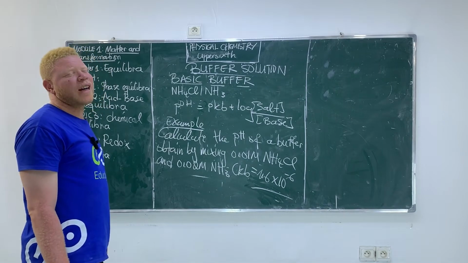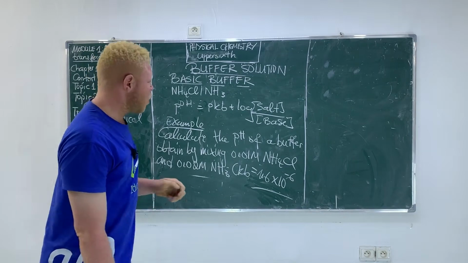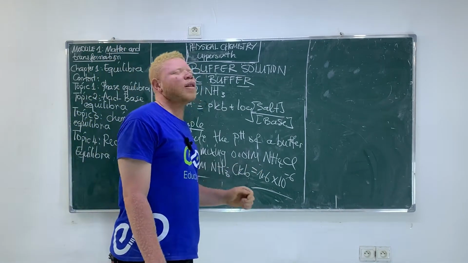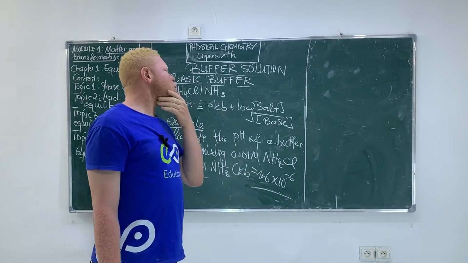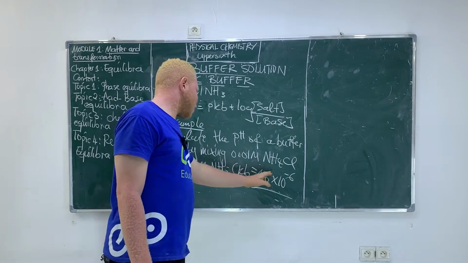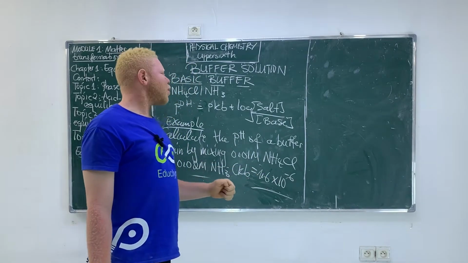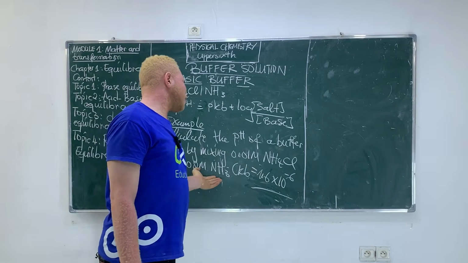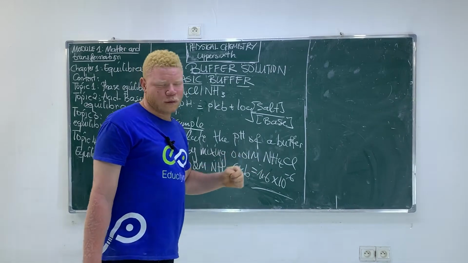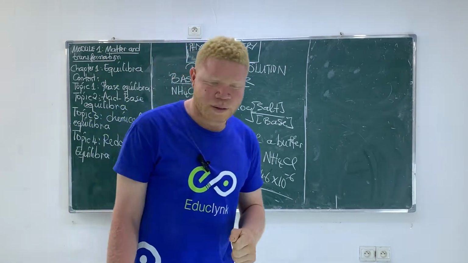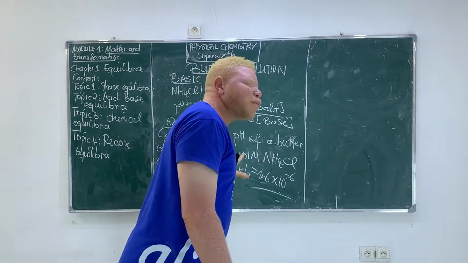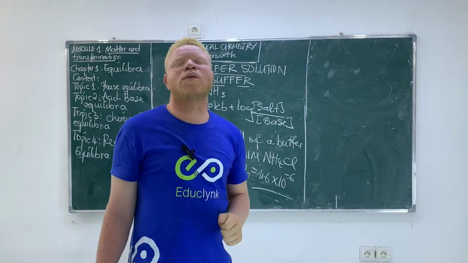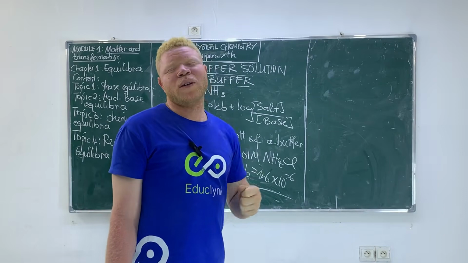So in this case, we can identify the type of buffer solution. The type of buffer solution is a basic buffer. For a basic buffer, we have ammonium chloride and ammonia, so we have a weak base and a soluble salt of the weak base. Given that it is a basic buffer, we are going to make use of the pOH formula.